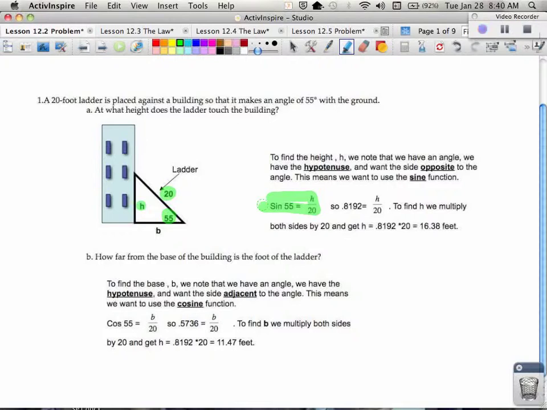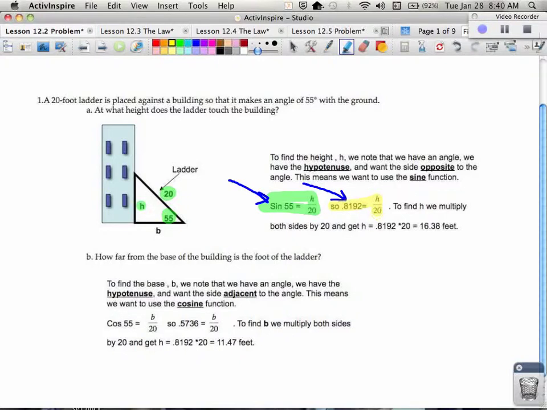Now, what I should do next is type in the sine of 55 degrees, recalling that I should be in degrees. If I type that into my calculator, I end up with 0.8192.